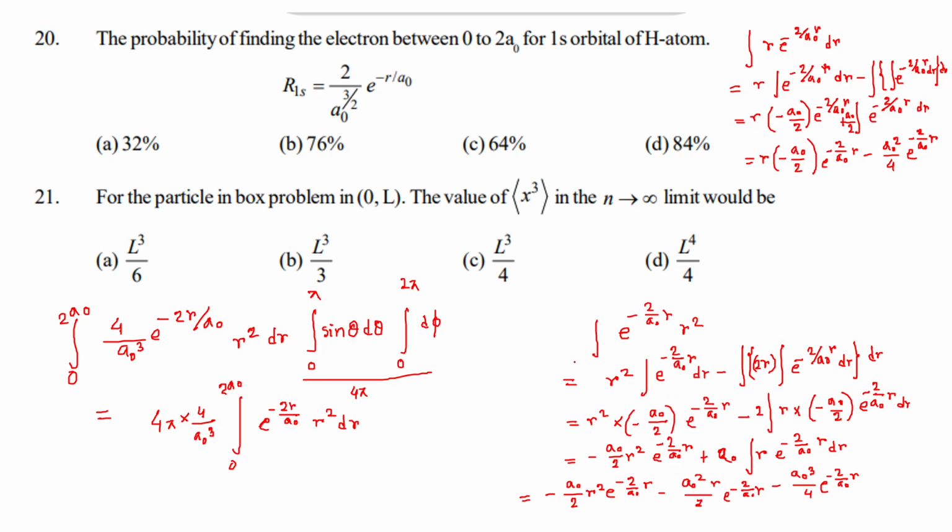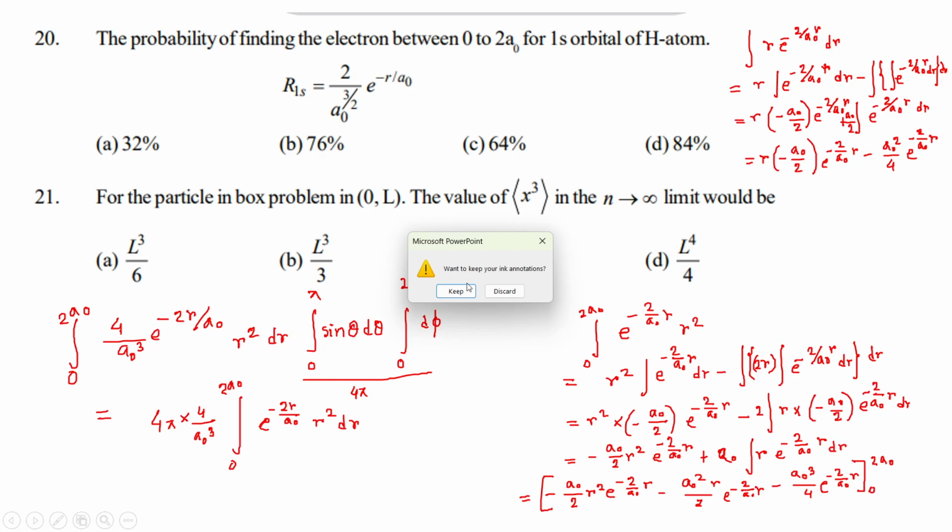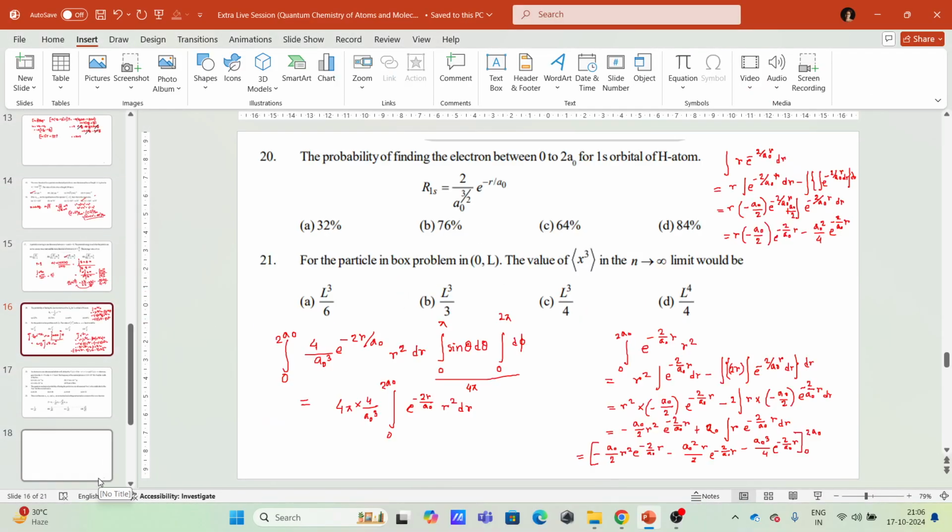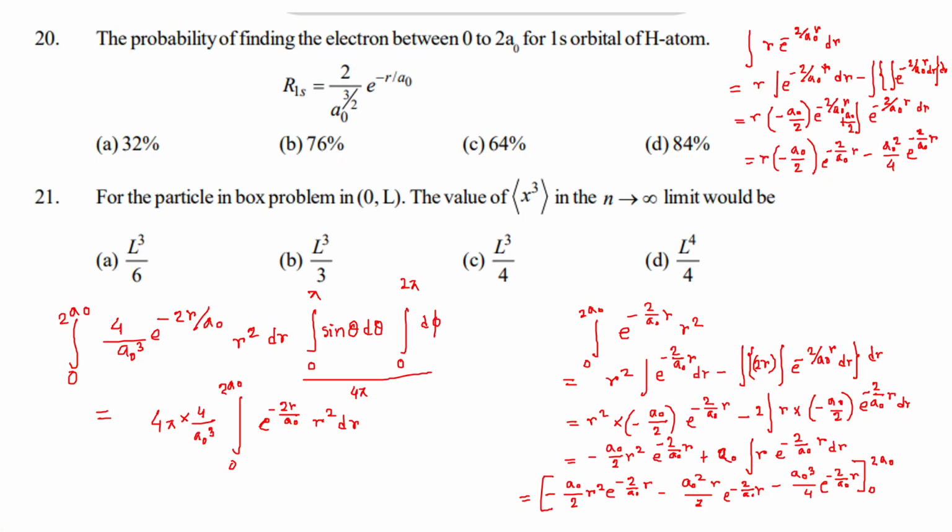So let me also have this 0 to 2 A naught. So then I'm going to have this 0 to 2 A naught. So maybe I can have a blank page on the next slide and write it there.